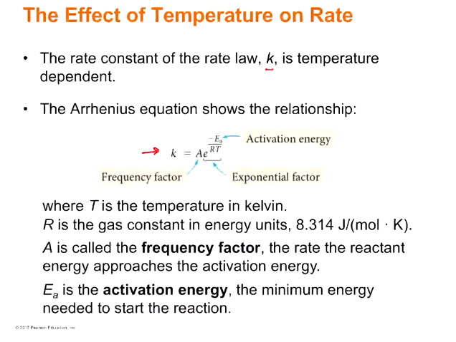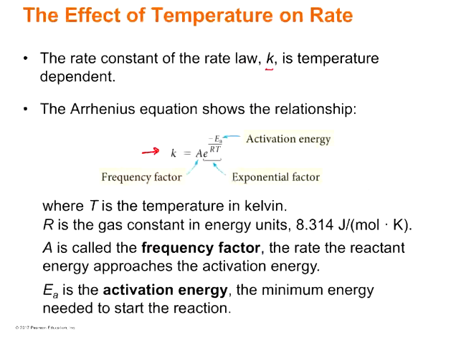And in that exponential factor, we have negative EA over RT. So EA is called the activation energy for a reaction. R is a gas constant that we've seen before. And T is the temperature.